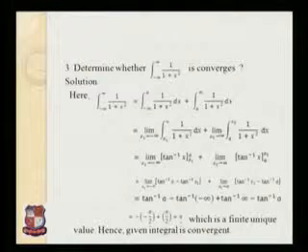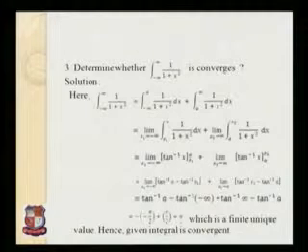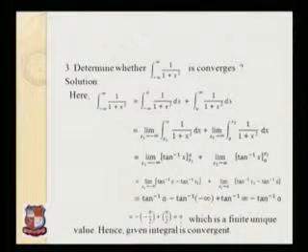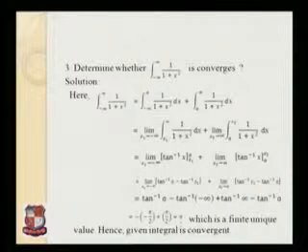Then applying s1 tends to minus infinity inside the bracket, we have tan inverse of a minus tan inverse of minus infinity plus tan inverse of infinity minus tan inverse of a.